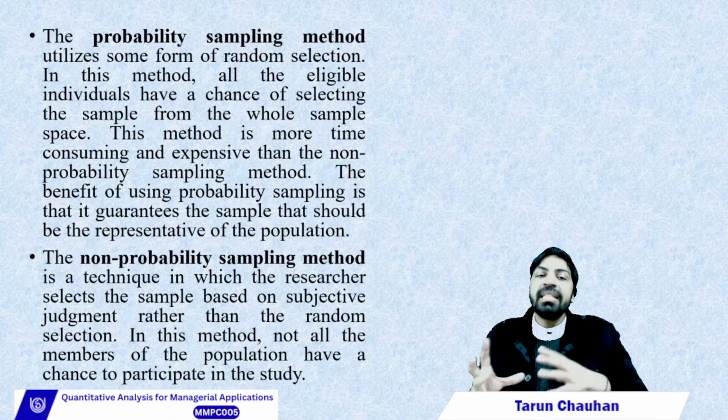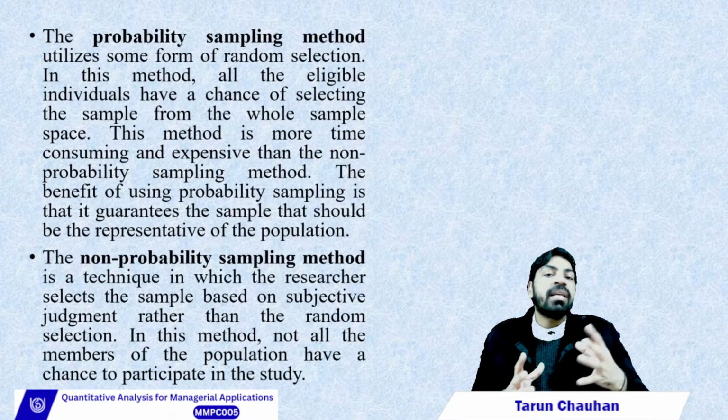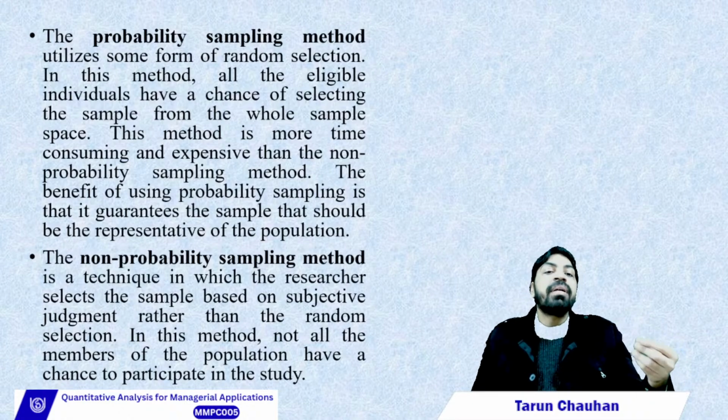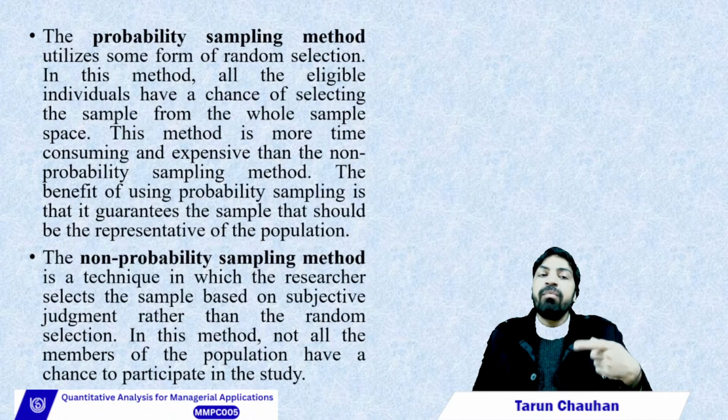So this is the basic difference between probability sampling and non-probability sampling. Probability sampling requires time and of course expenses, while non-probability sampling doesn't require funds and isn't as time consuming. Probability sampling is based on random selection, but non-probability is not.